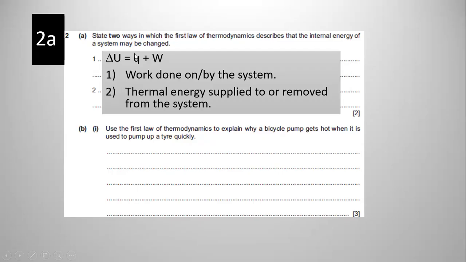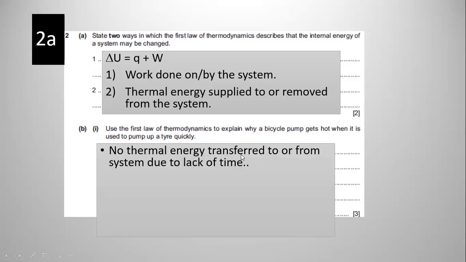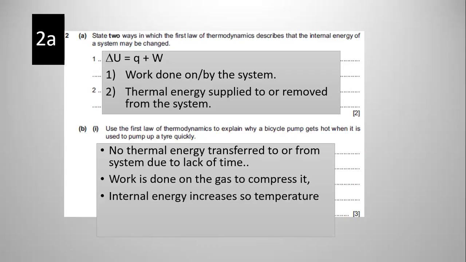Essentially, you pump your gas very fast, so no time for thermal energy to leave or enter the system. So no thermal energy is transferred to or from the system due to lack of time. When you pump air, work is done on gas to compress it. Internal energy increases, so temperature increases. So, right? 3 points, 3 marks.